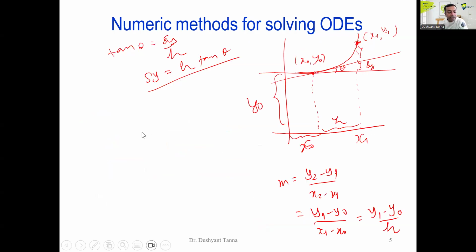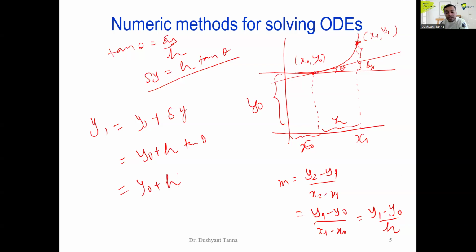And this is what we are having here as well, right? So you got your delta y as h times tan theta, and what is your y1? It is your y0 plus delta y, y0 plus h tan theta, and tan theta, as we now know, is nothing but the value of the function, so that is f of x0, y0.